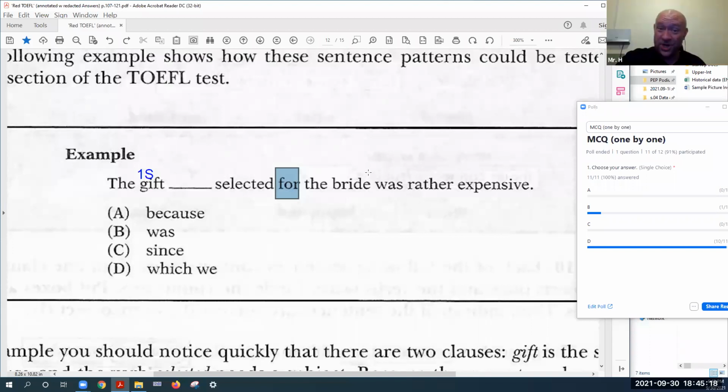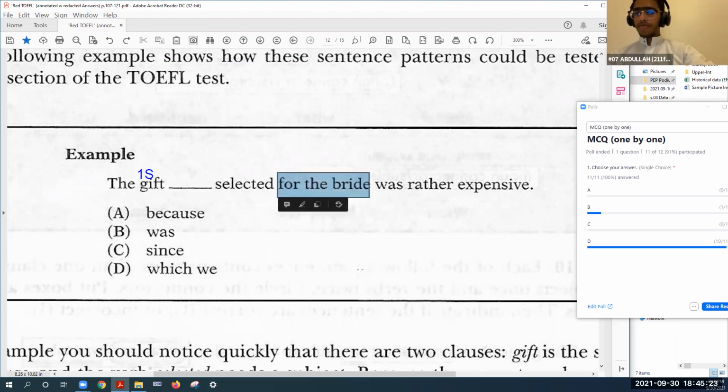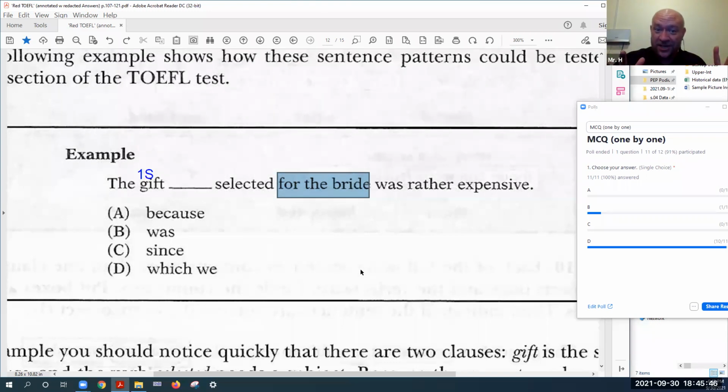And what do we know when a noun follows a preposition? What's the rule? If a noun follows a preposition, never call it the subject.